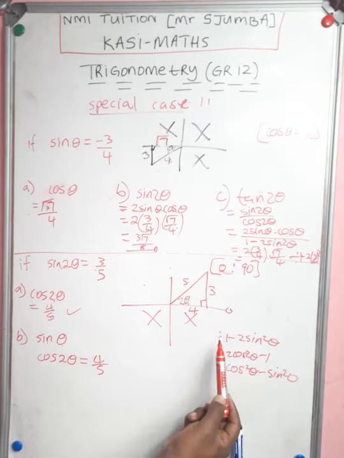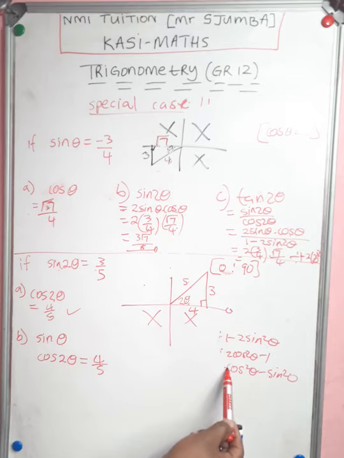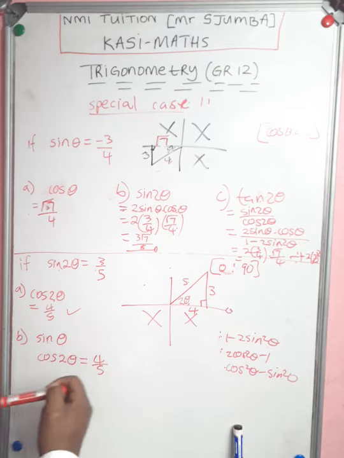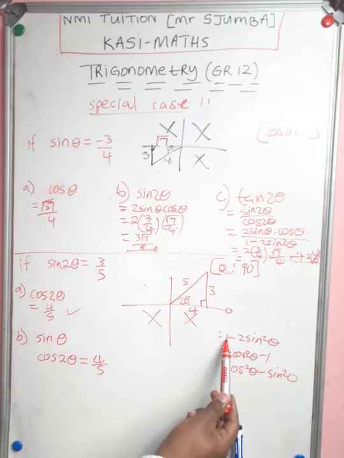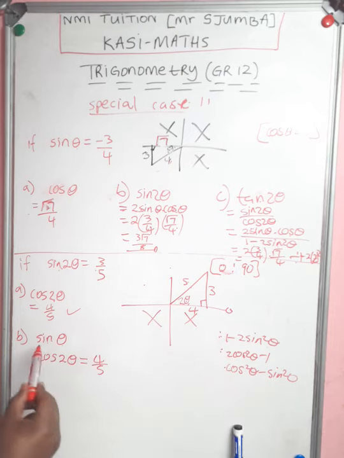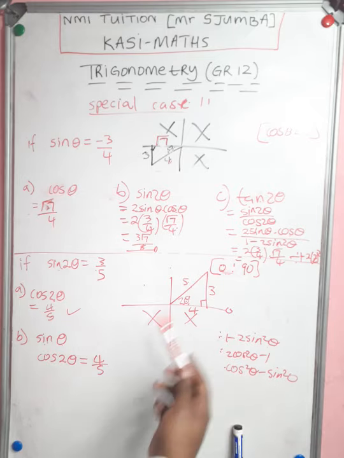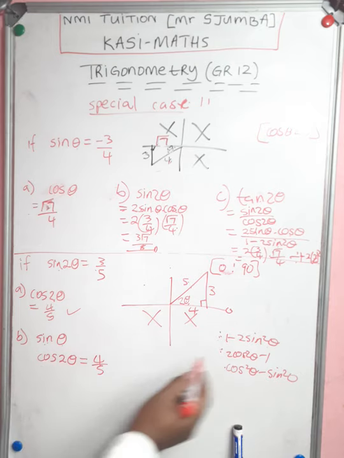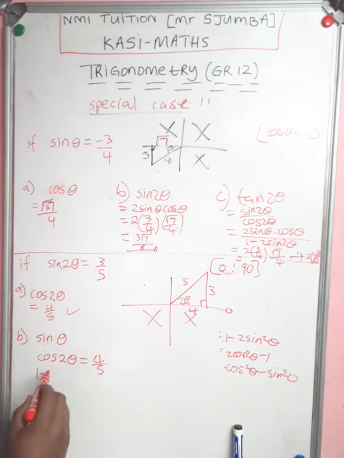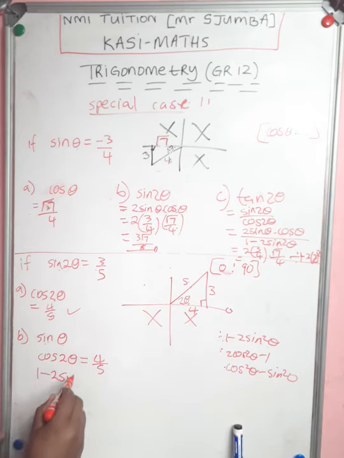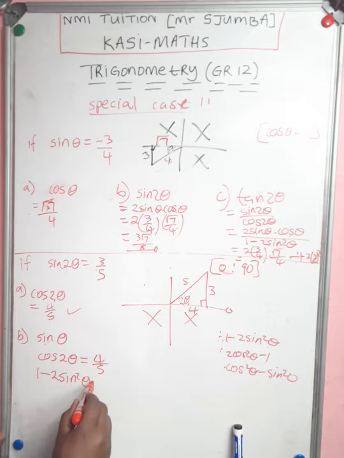So choose the identity that gives us only sin, because if we choose one with cos, we are not looking for cos. So choose 1 minus 2 sin squared theta equals 4/5.